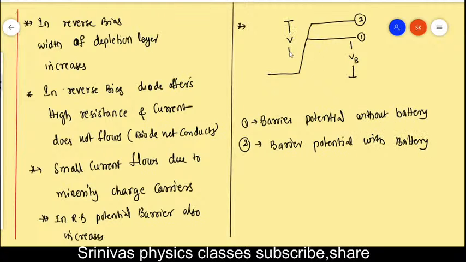This is V plus VB. The effective barrier potential becomes V plus VB in the reverse bias. Right, this is about the PN junction diode and how it will be connected.